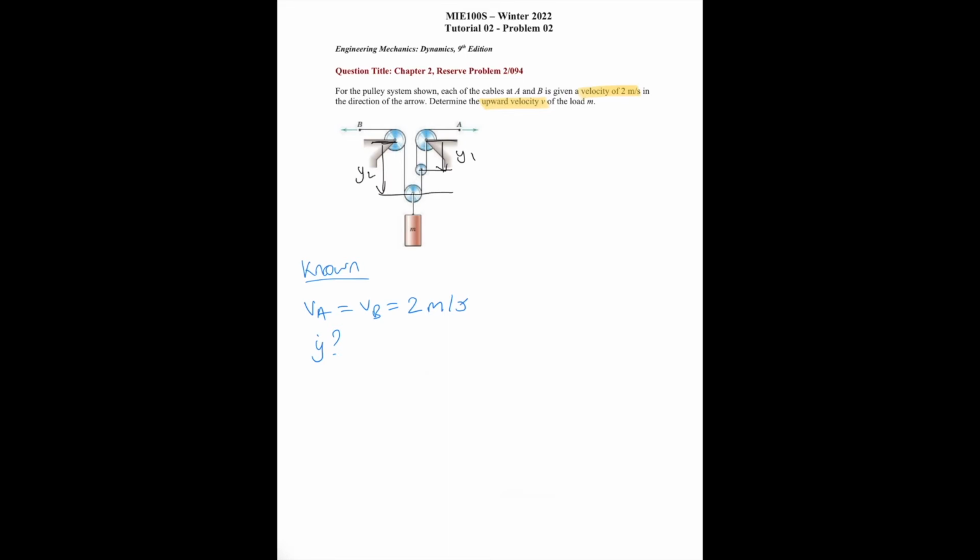This means that this distance over here will be y2 minus y1. Now in the x direction, from point A to the pulley, this is x1, and from point B to the pulley, this is x2.